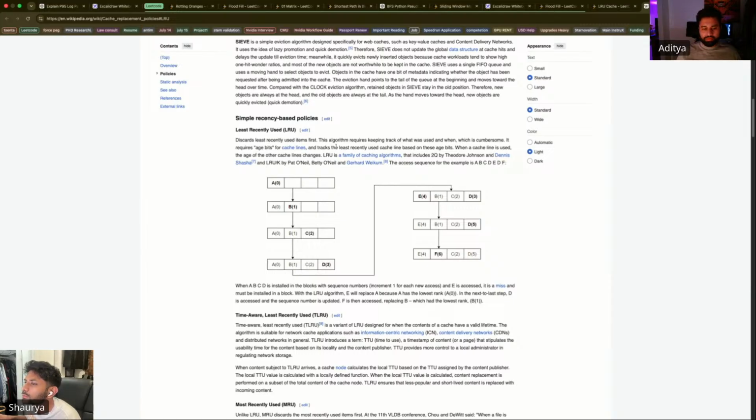When a cache line is used, the age of the other cache lines changes. LRU is a family of caching algorithms that include 2Q by Theodore Johnson. A0, B1, A0, B1, C2.